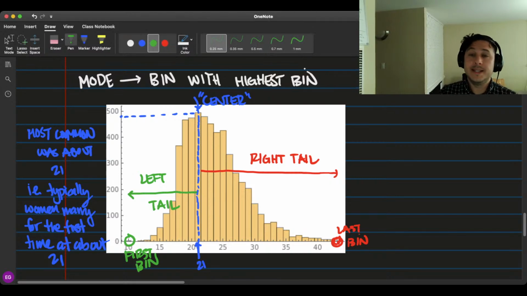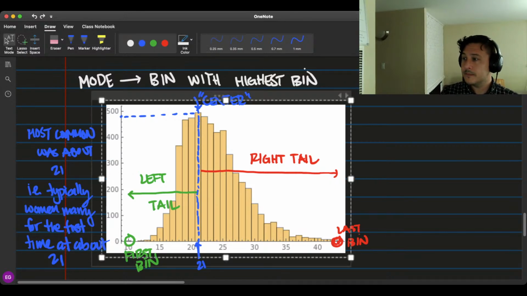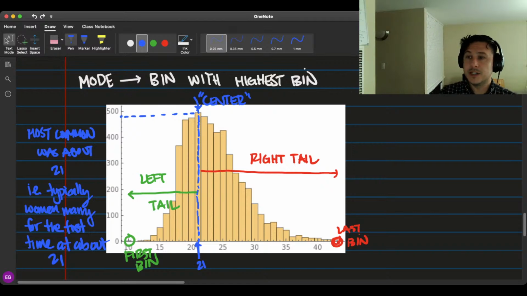Whenever one tail is longer than the other, we call that a skewed distribution. Let me write that down. Don't worry, I'll say it again.